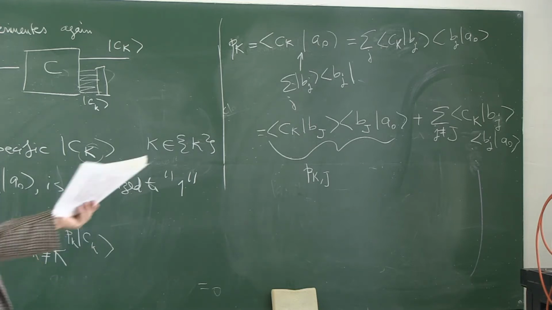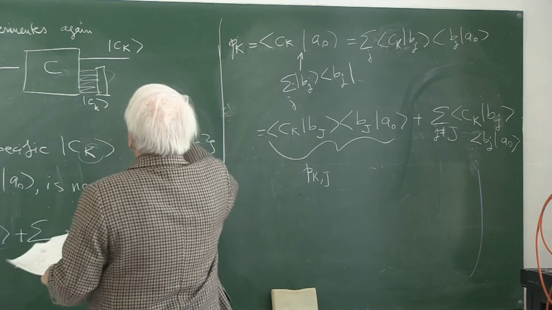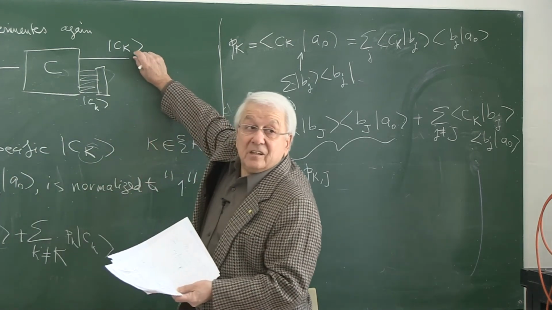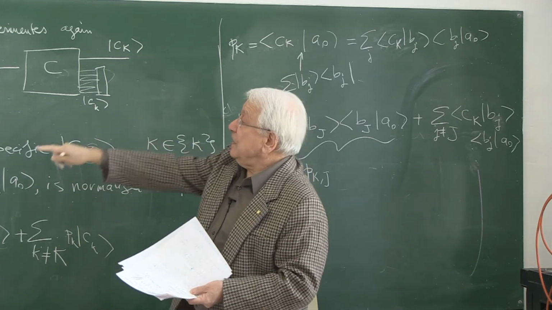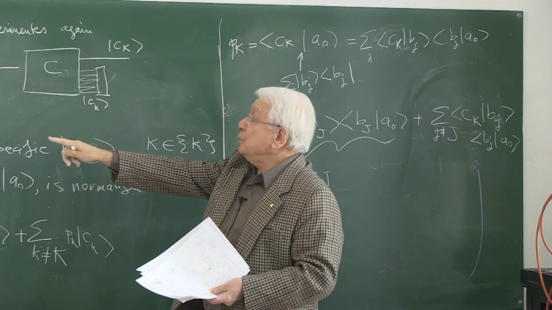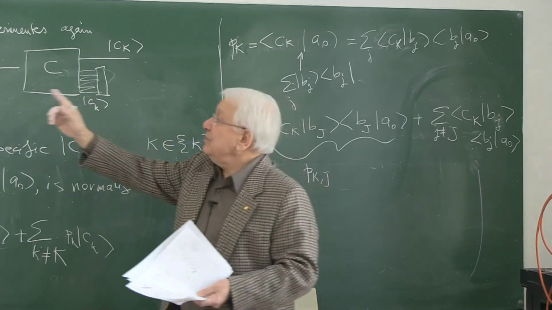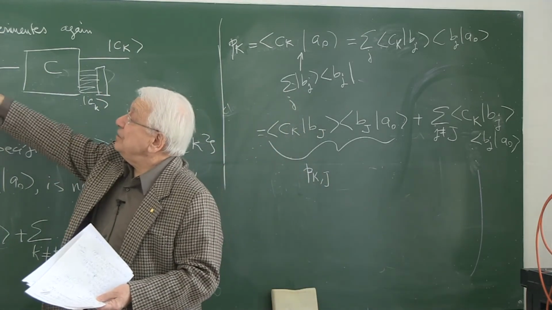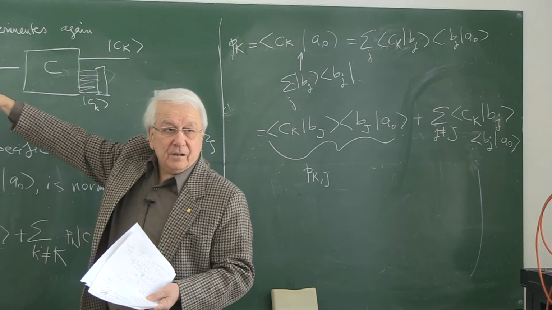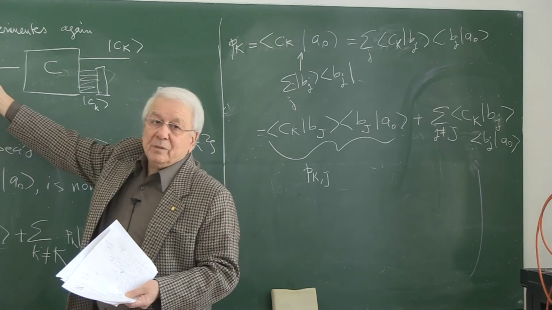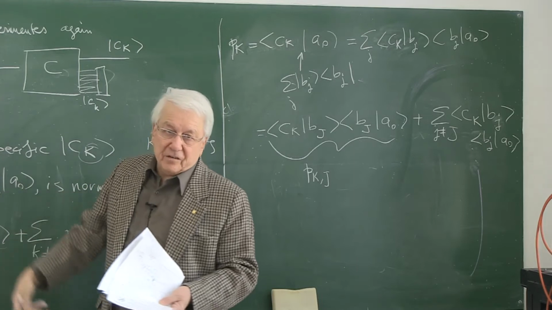So what is the probability of getting all these then? That is, I get to the final stage c_k, because that's really my starting question. What is the probability of getting the specific c_k? But through this setup, that is between C and A, there is an intermediate B, which filters out the B_J, blocking all the rest.